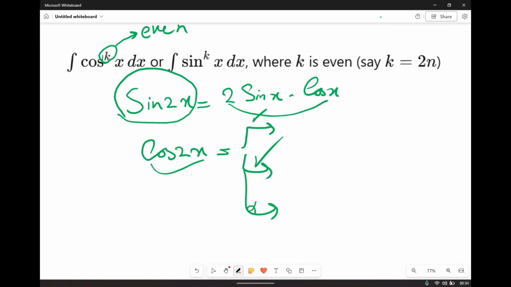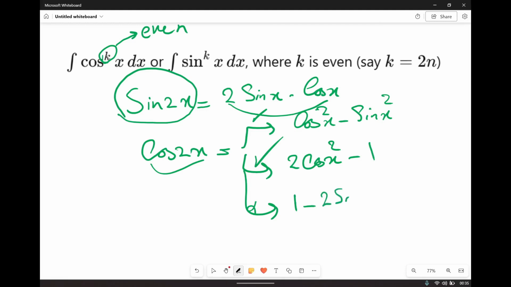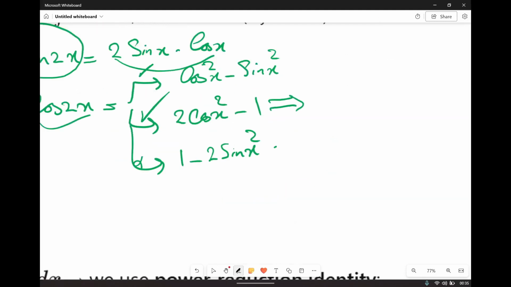Right now, cosine 2x is cosine x power 2 minus sine x power 2, which is 2 cosine x power 2 minus 1, and that is 1 minus 2 sine x power 2. But from these formulas, I'm going to use a good strategy for solving integrals. What is that exactly?